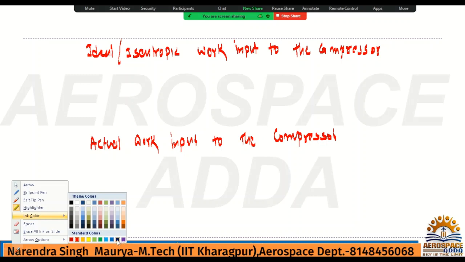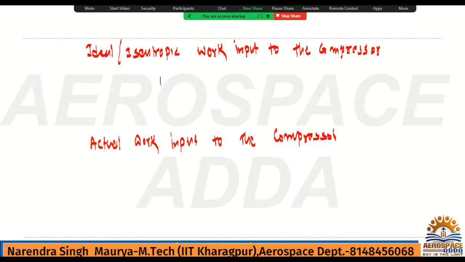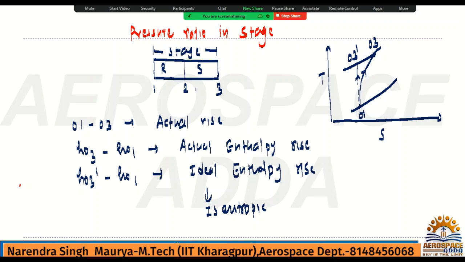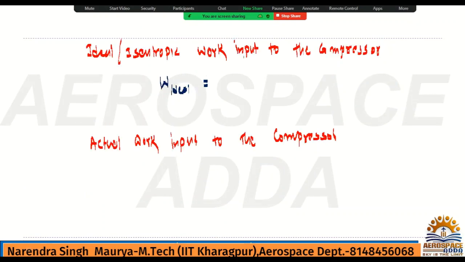So the change of enthalpy is nothing but work. What is the ideal work? It is the rise of enthalpy. So the ideal is H03 dash minus H01, and you can write this as Cp (T03 dash minus T01).